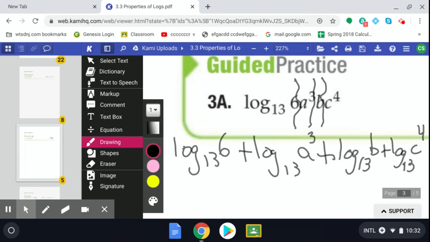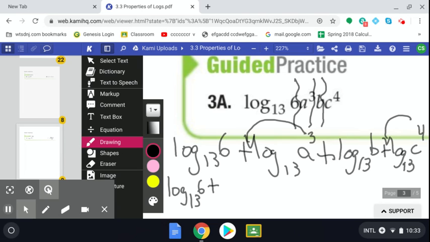All right, now any exponent, I can use the power property and pull it up front. So let me see if I can write a little more neatly here. So now we have log base 13 of 6 plus, I'm going to pull that exponent up front.